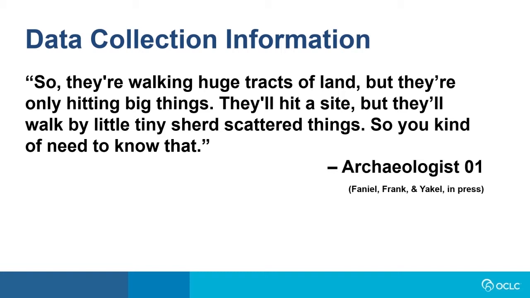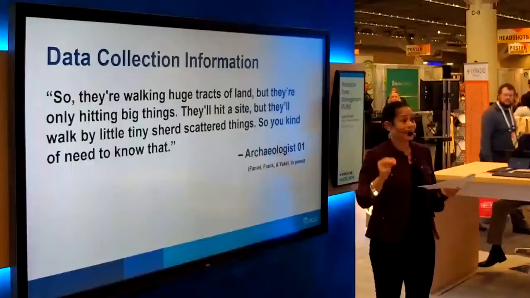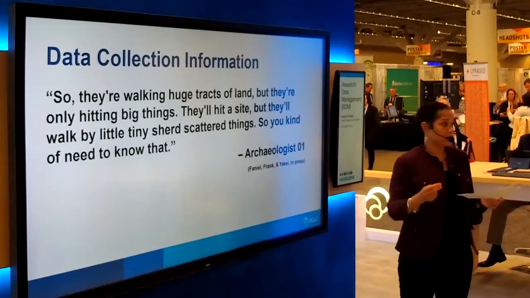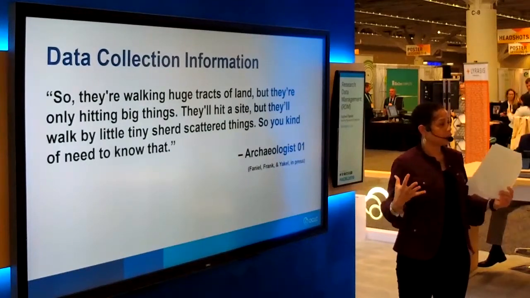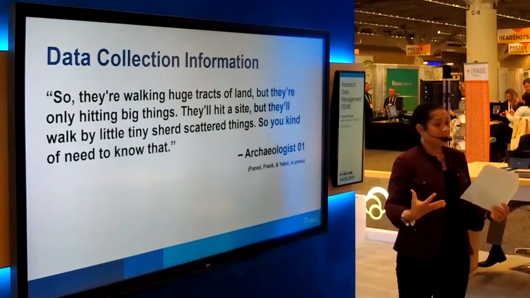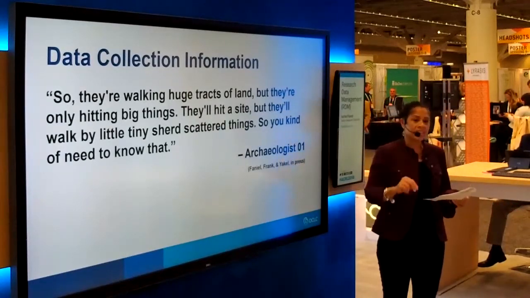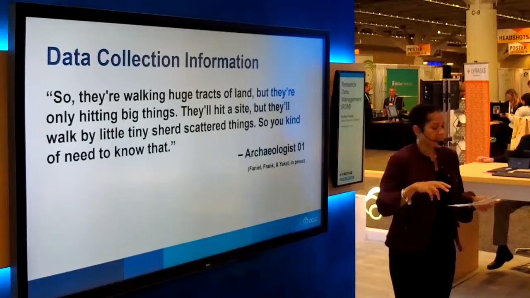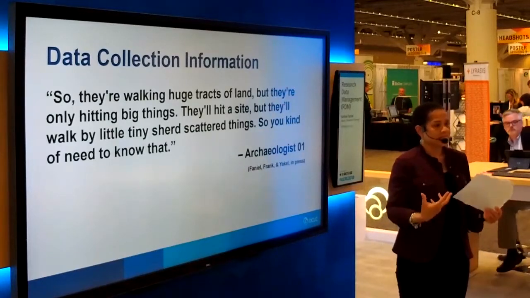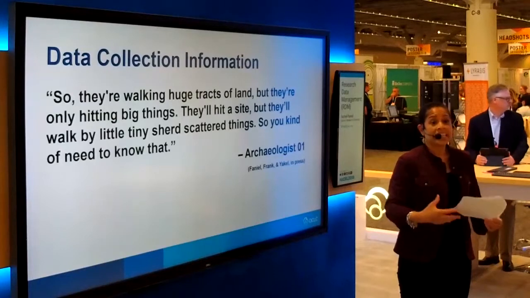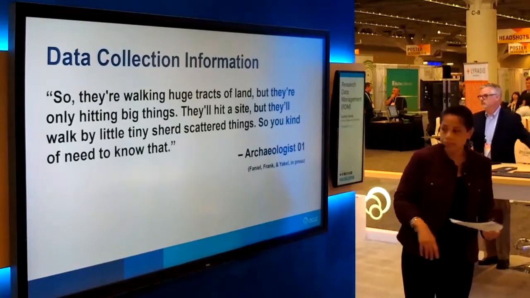Here we have an archaeologist explaining differences in how archaeologists walk an excavation site and how that results in different kinds of data being collected, whether they're getting big finds or small finds from an excavation site. The need to know these kinds of procedures helps archaeologists assess fitness for reuse, whether or not they can actually reuse the data given their research questions.